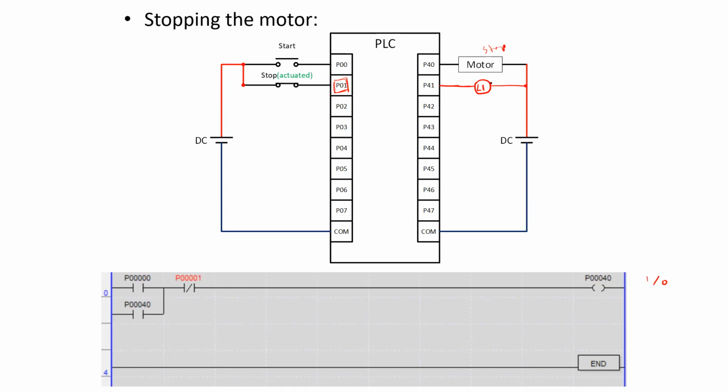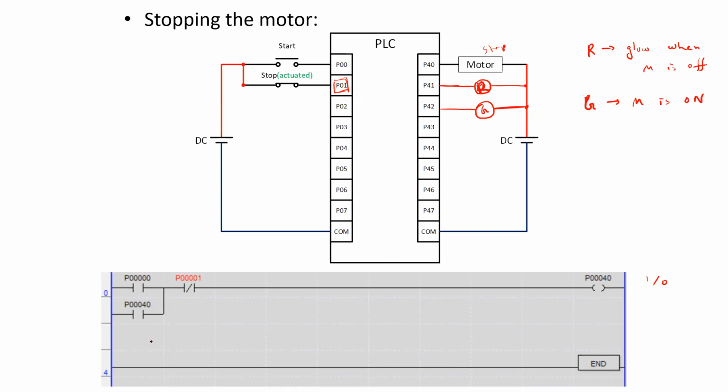Suppose this is a red LED, and along with port P42 we can connect a green LED. So the red LED will glow when the motor is off, and the green one will glow when the motor is on.